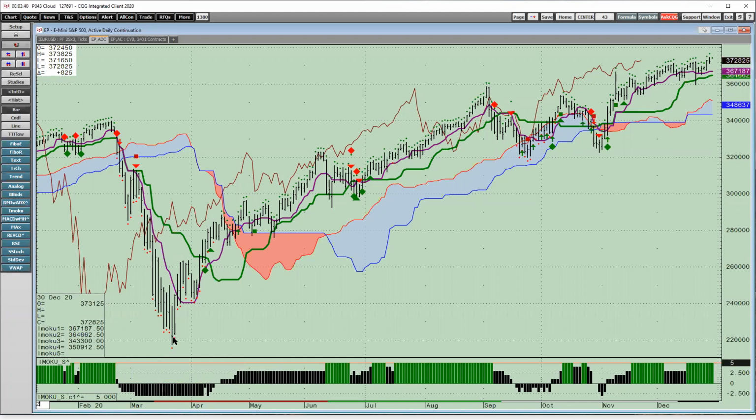The little red dots tell you that this was still giving you a short signal, the lagger. Probably the first thing you're going to do is the market was being held by the purple line at this point.